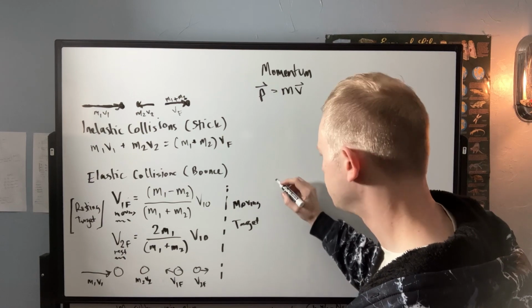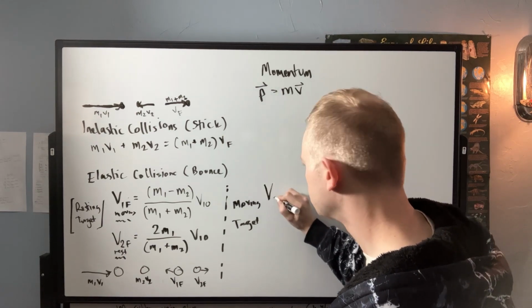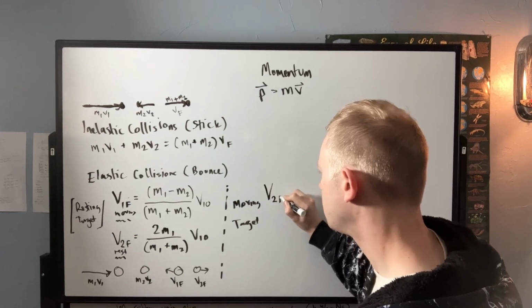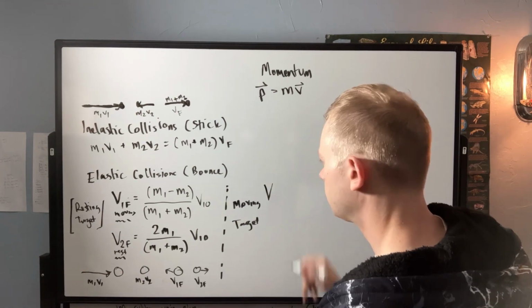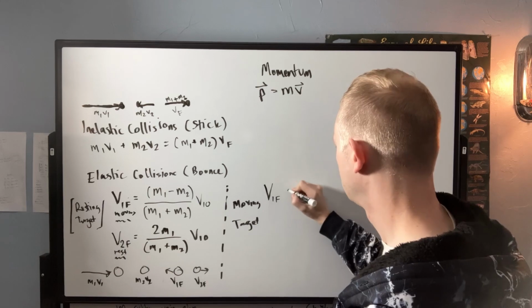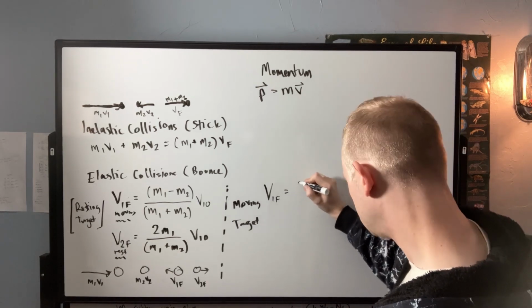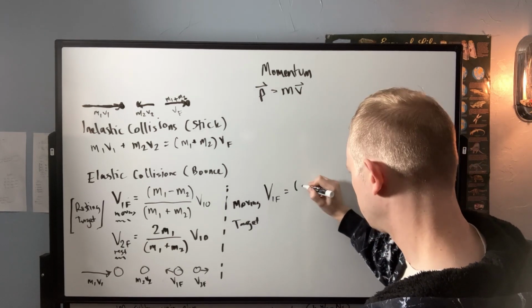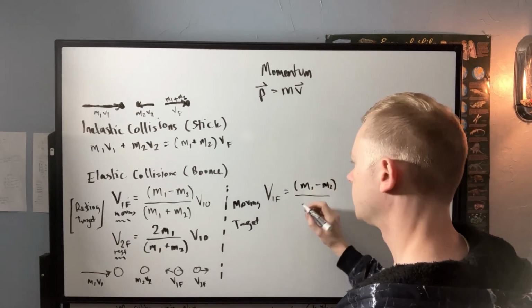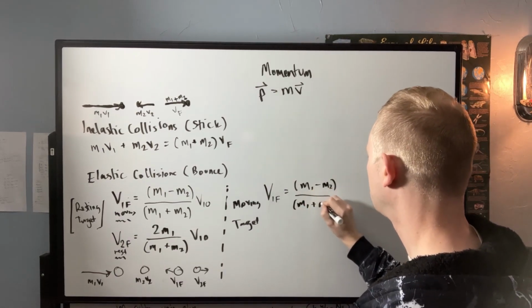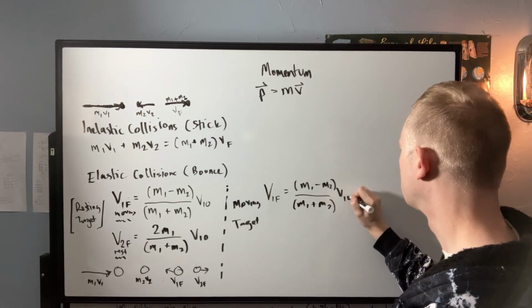And over here, in the moving target situation, we could have very similar equations. So V1F, my bad, is equal to essentially the same thing, right? Started the exact same way, (M1 minus M2) over (M1 plus M2), and here's the V1.